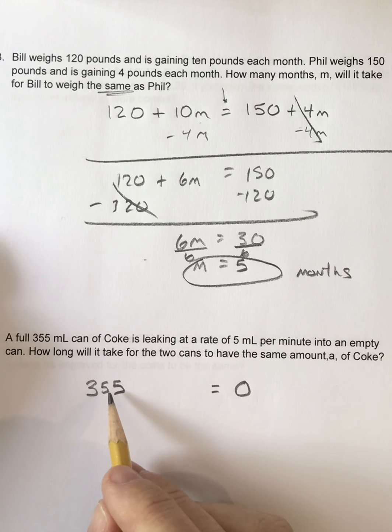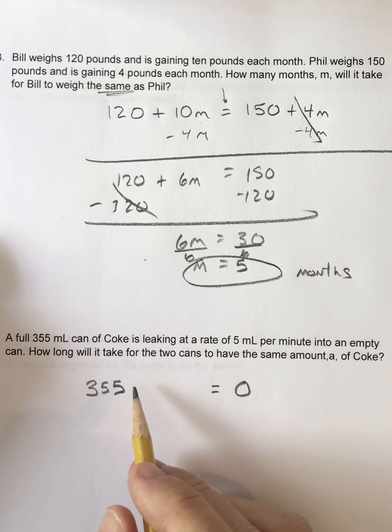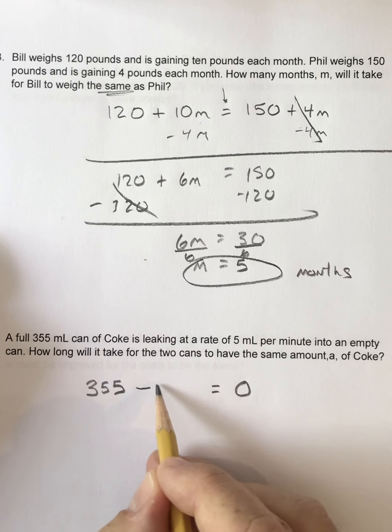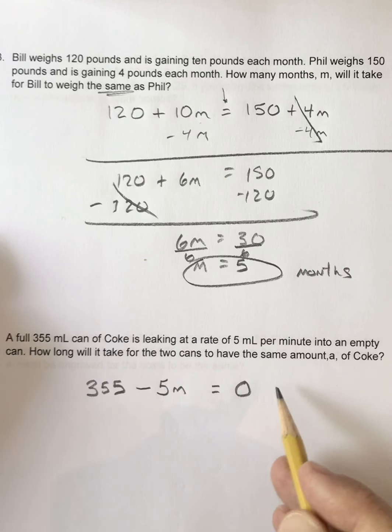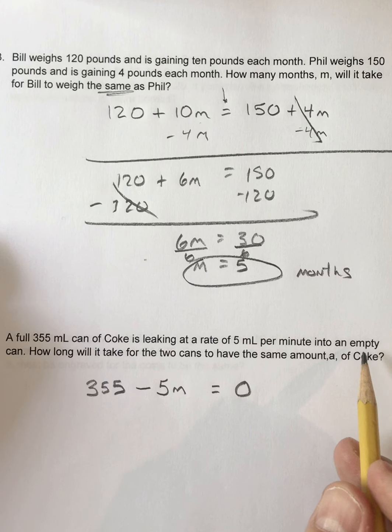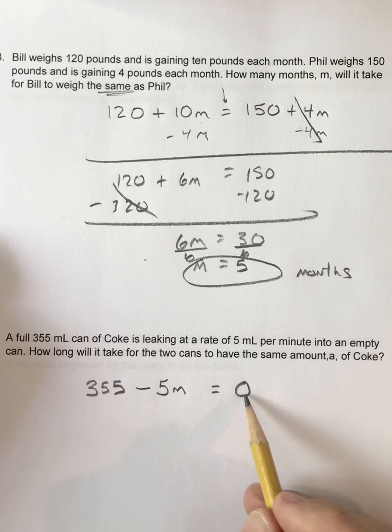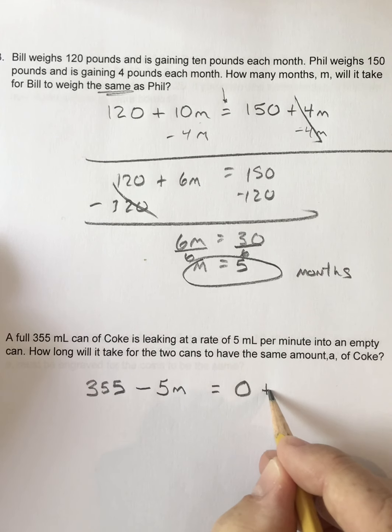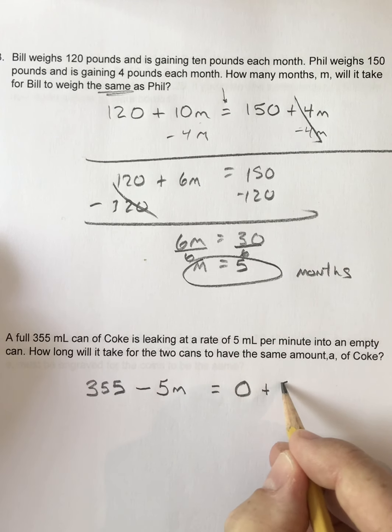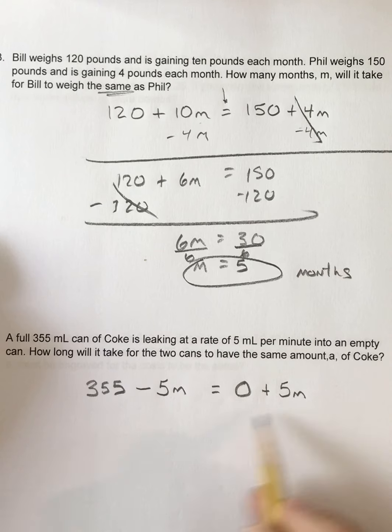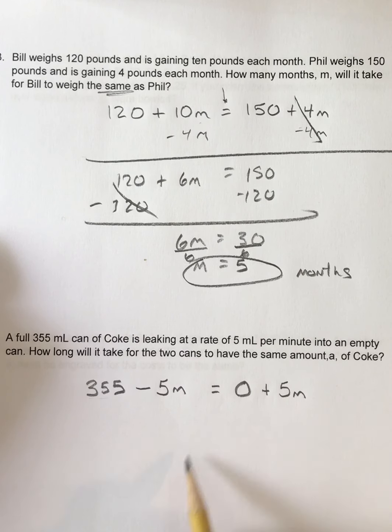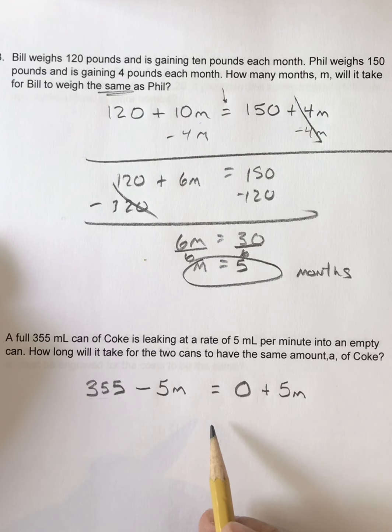The 355 can of Coke is leaking at a rate of 5 per minute into an empty can. So the empty can is getting 5 milliliters per minute. This one is losing 5 milliliters per minute, and this one is gaining. This is the starting point. So there's my equation.